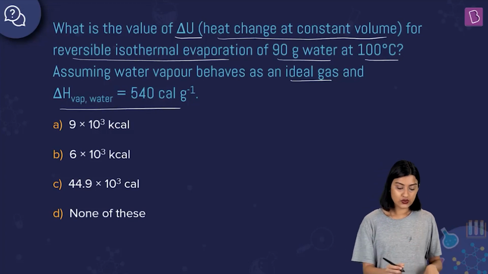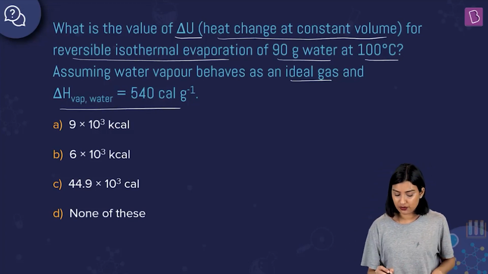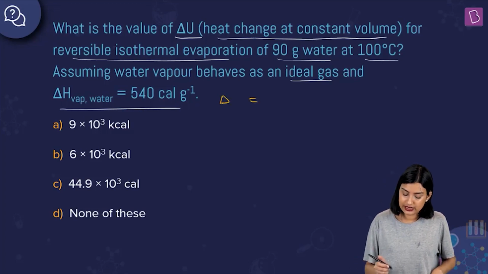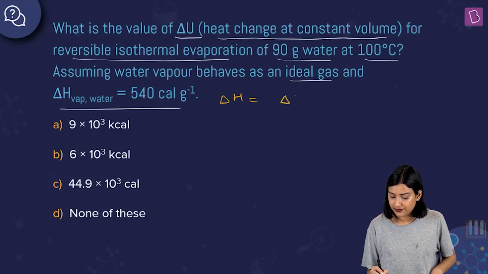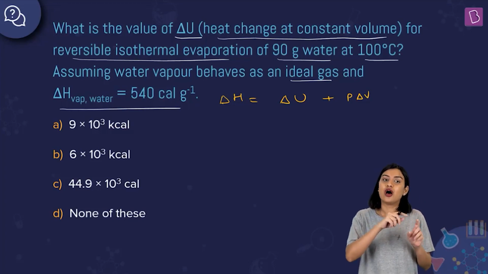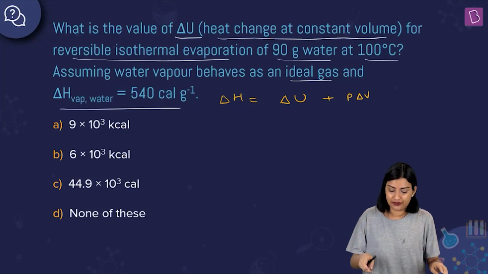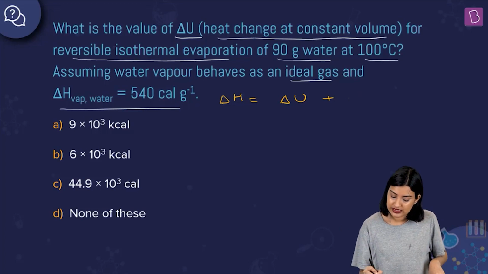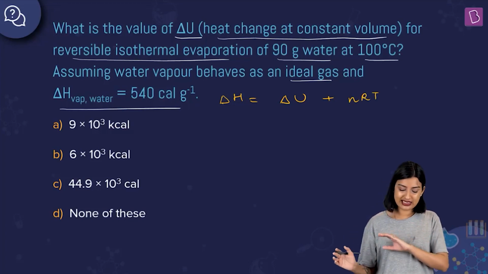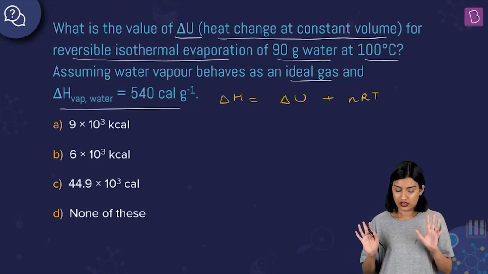The formula we're using is delta H is equal to delta U plus P delta V, where P delta V is the volume of vapor minus volume of liquid. Here I can write this as nRT.